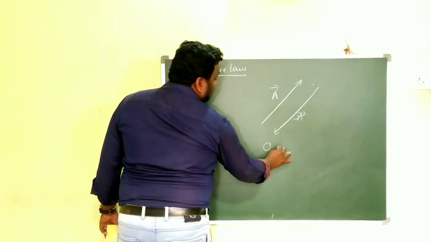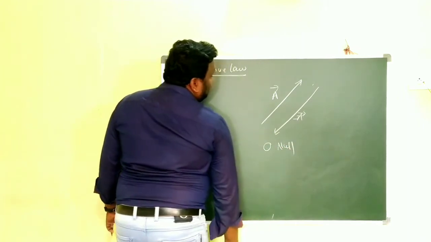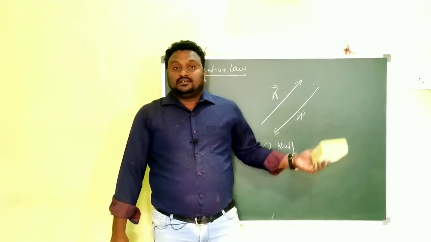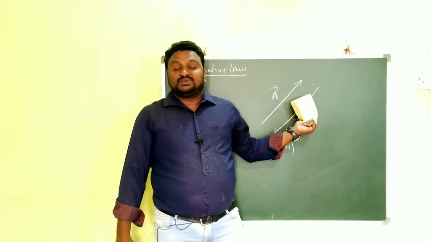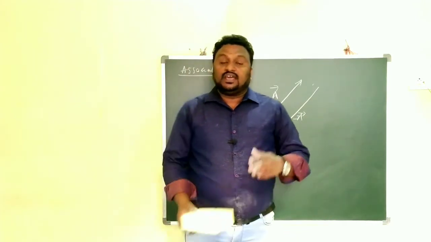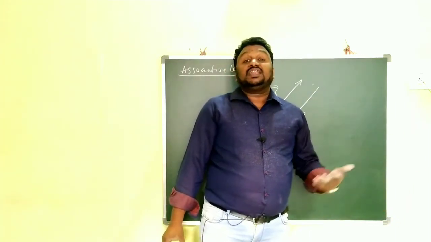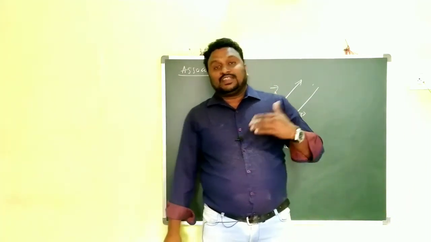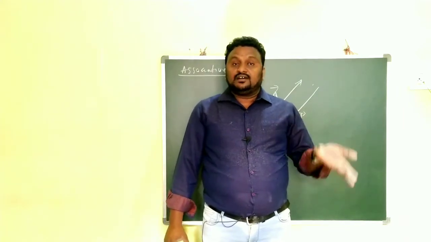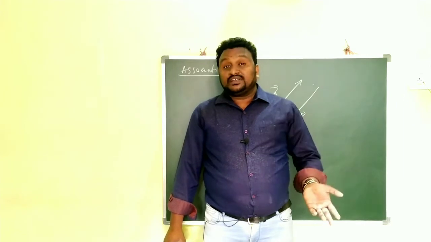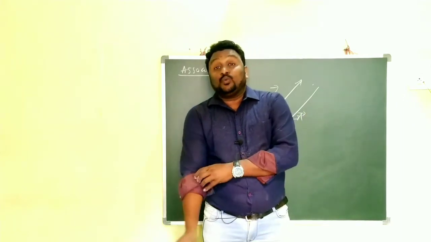Then we will get a null vector. Because the magnitudes are in opposite directions, that's why we get null, zero. If you add a vector and its opposite vector, then what do you get? A null vector.